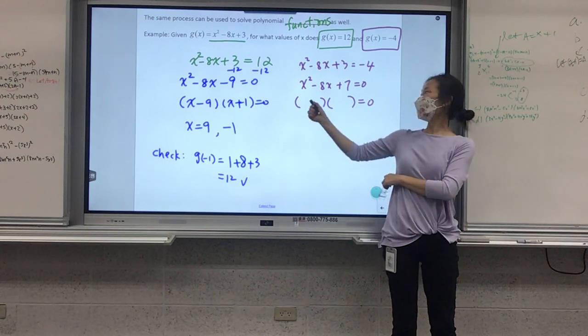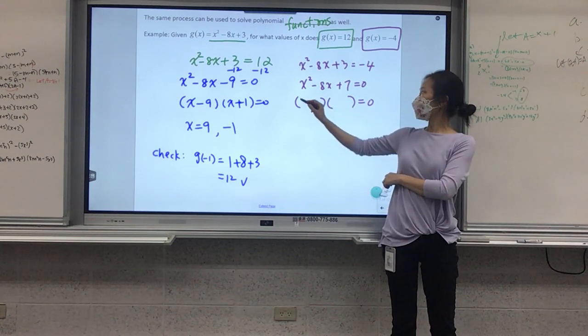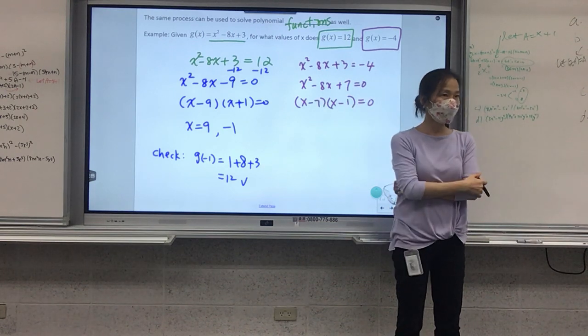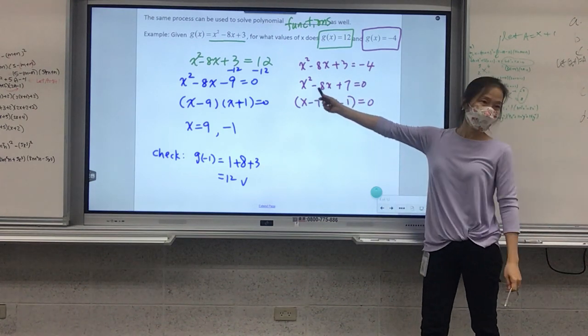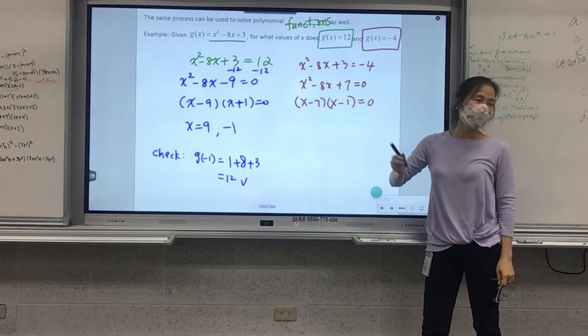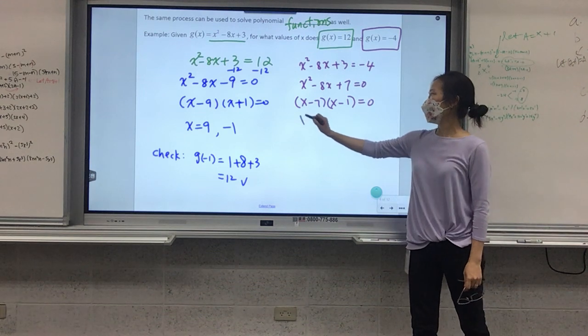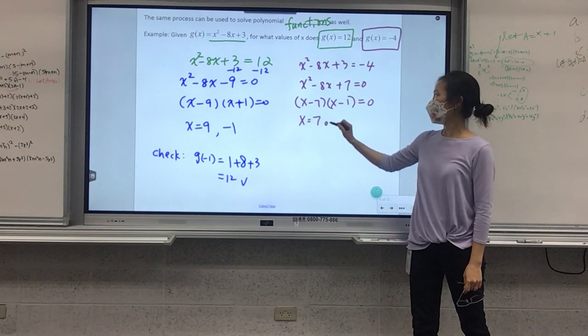What are the factors? Minus 7 and minus 1, because when the middle term is negative and the product is positive, it has to be double negative. So x is 7 or 1.